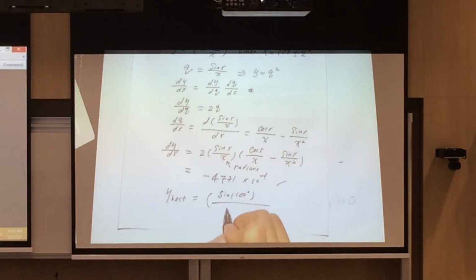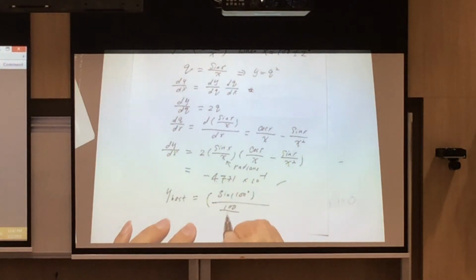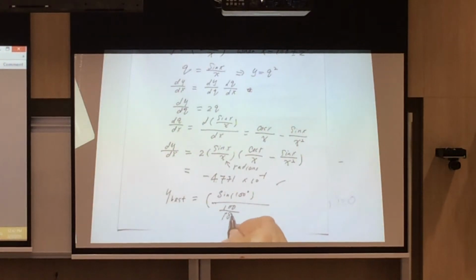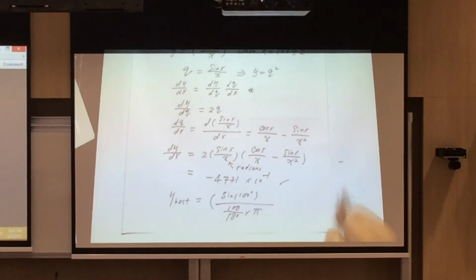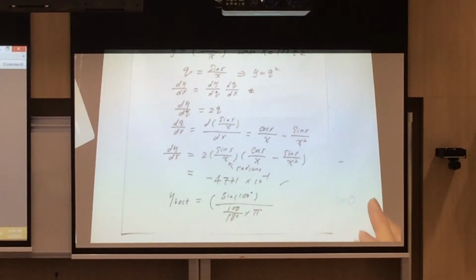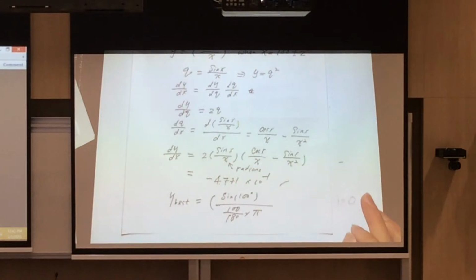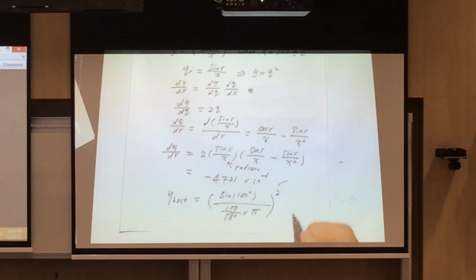So how do you convert 100 degrees to radians? It will be 100 over 180 times pi. So you need to convert your 100 degrees to radians, and then square it. That's the best estimate value for y.